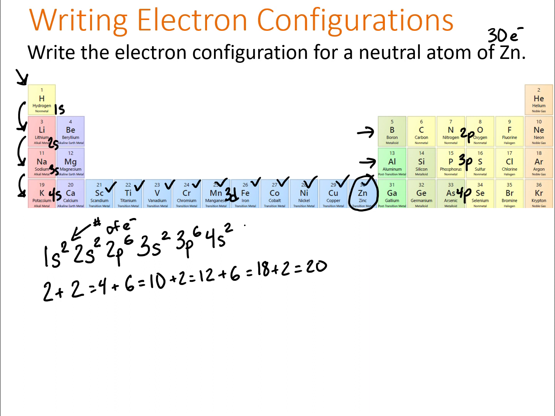That's 10. So zinc has a full D sublevel. And when you add up all of those superscripts, it gives you 30, which is the number of electrons zinc has.